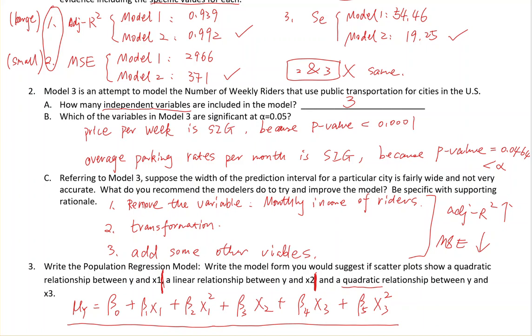So based on the scatter plots, once you have the general idea, you can have the population model. And then based on the sample, based on the software, you can estimate this model, and that is what we call the sample regression equation. All right, so we are done with this assignment.